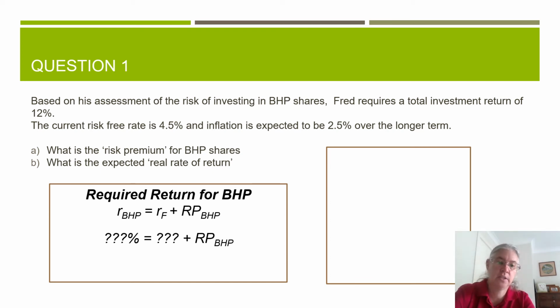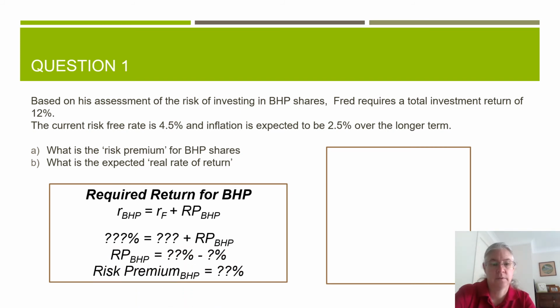So I'll have to subtract this from this side over to there. So I've just swapped it around to make it on the left. So the risk premium for BHP is going to equal the return for BHP minus the risk-free rate.